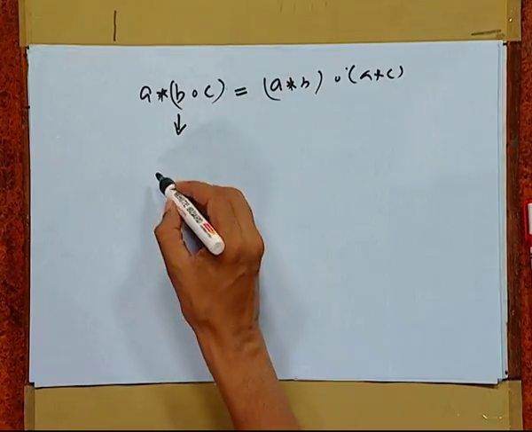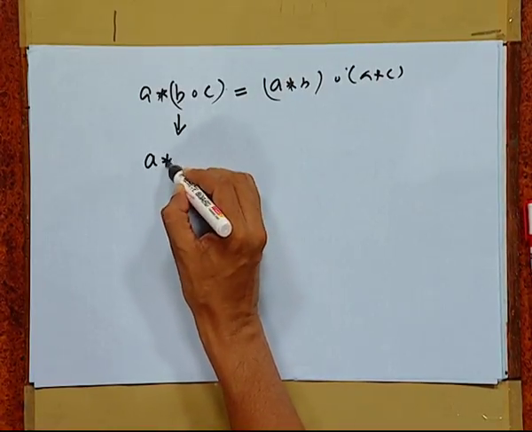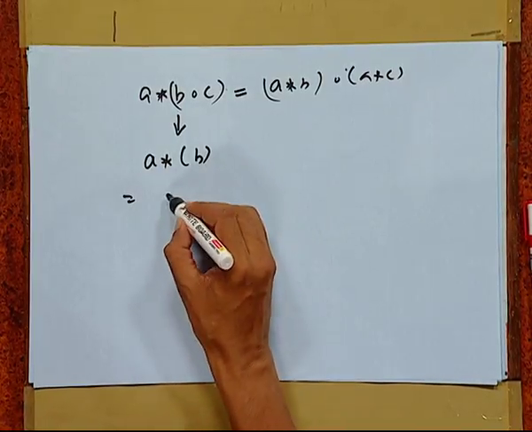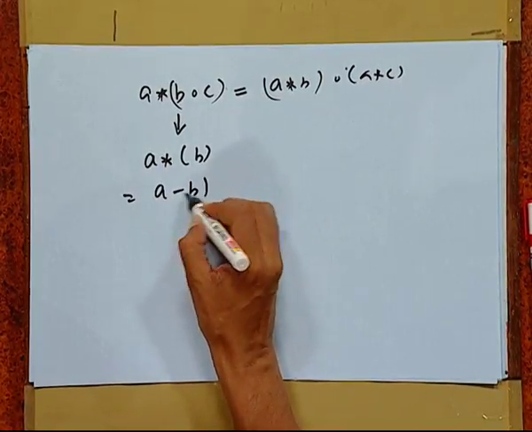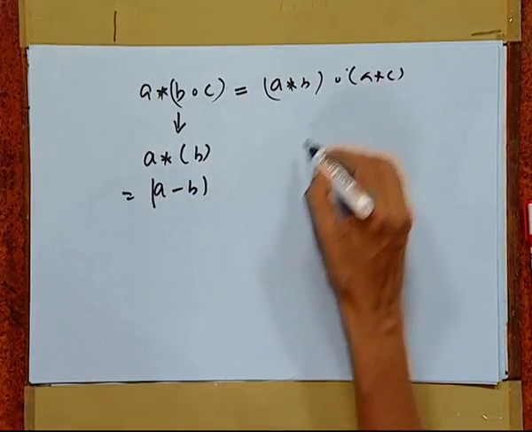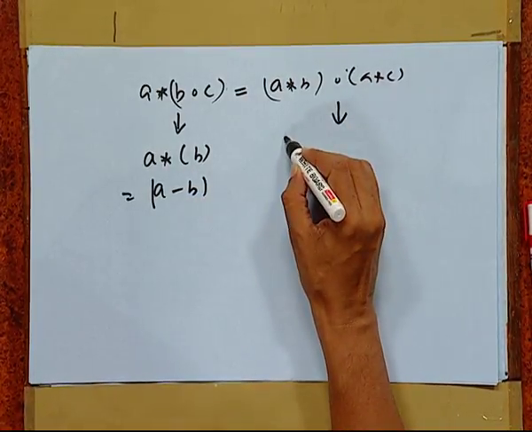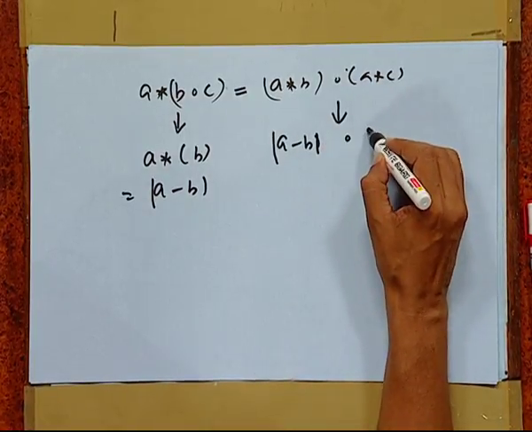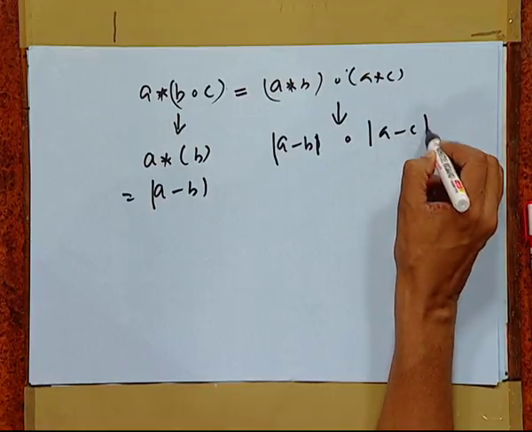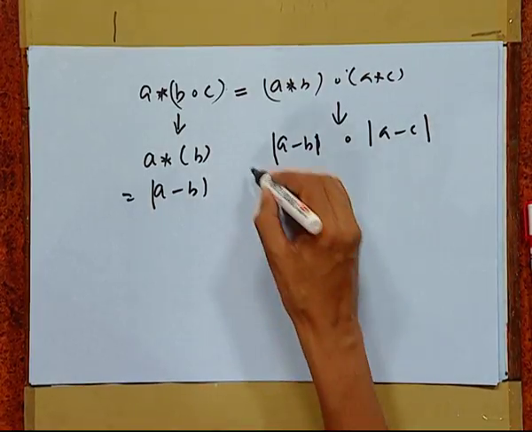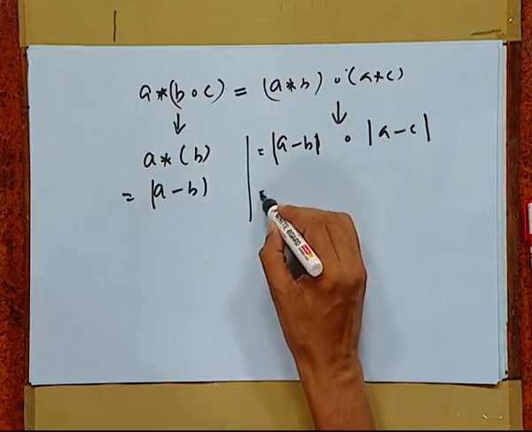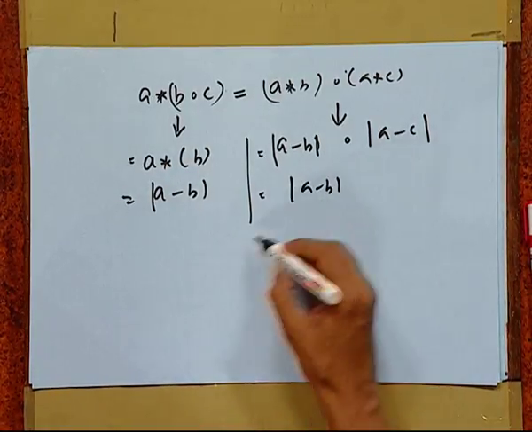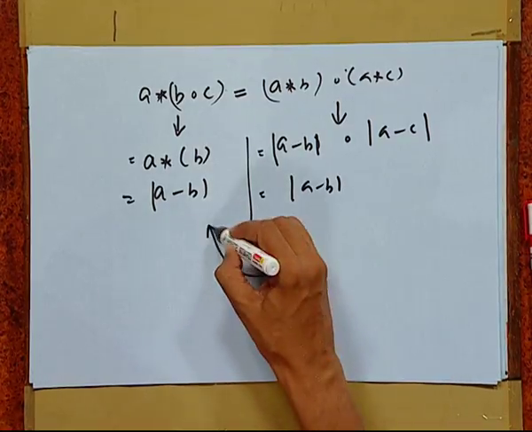On this side we have A star B, that equals mod A minus B, whereas on this side we have mod A minus B O mod A minus C, but this equals simply mod A minus B. Thus, these two are equal.